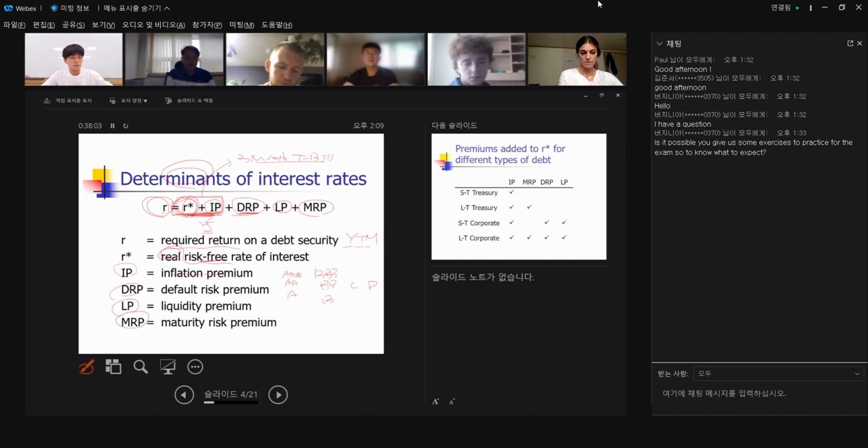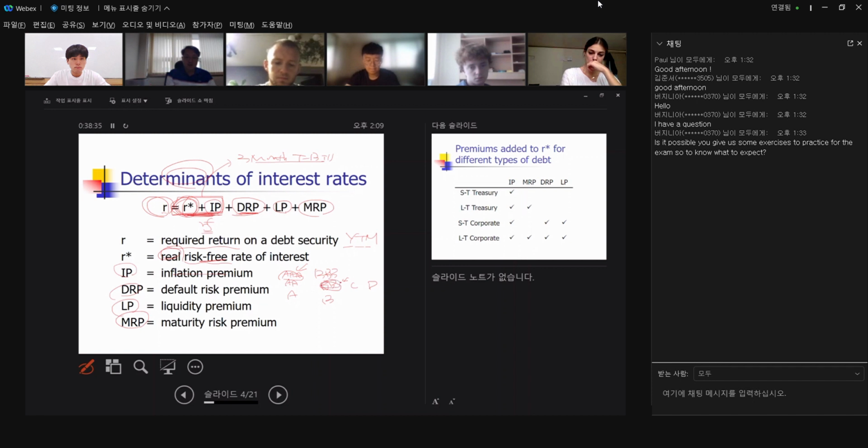So definitely, if you compare a company whose credit rating is triple A and one that is double B, then the probability that the principal and interest will not be paid on time is higher in the bond issued by the double B company than the triple A company, right?